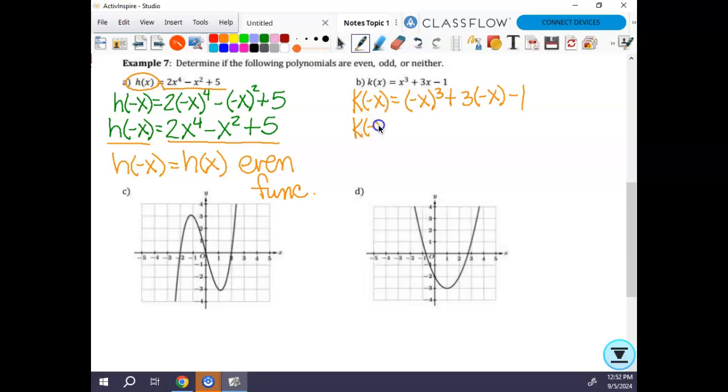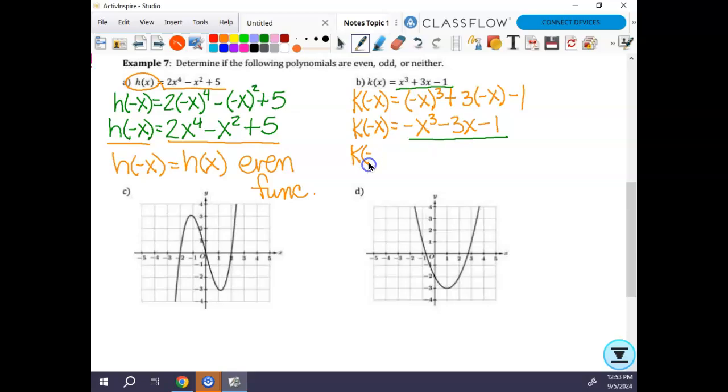K of negative x equals, when I cube a negative, it stays negative, so that's negative x cubed, minus 3x minus 1. So does this match this exactly? No. So when the answer is no, then we have another step to do. Doesn't guarantee anything one way or the other.